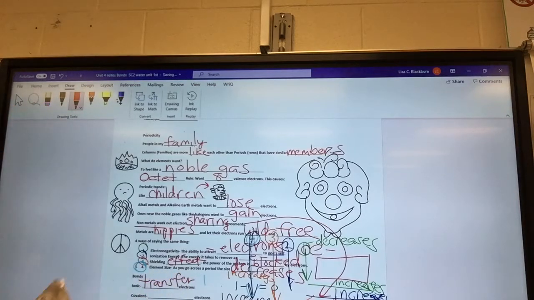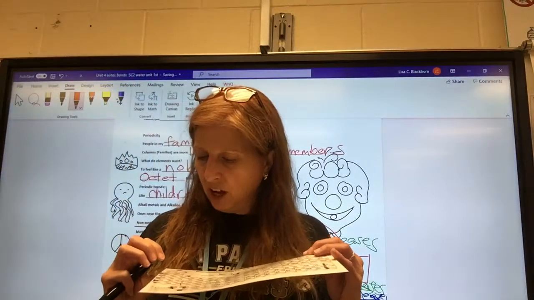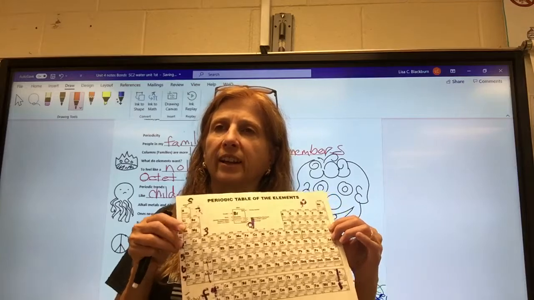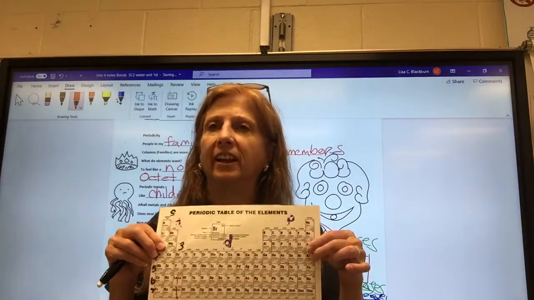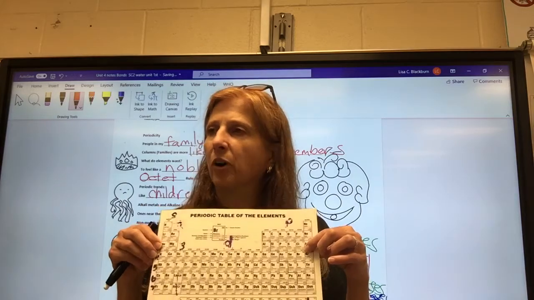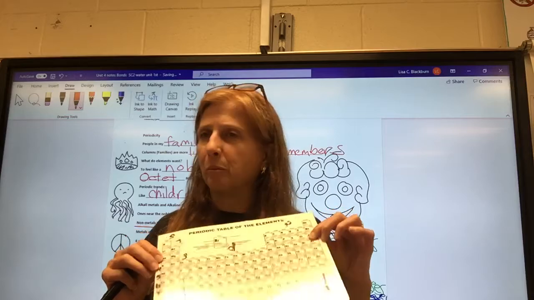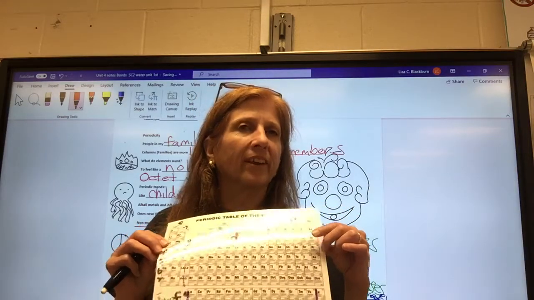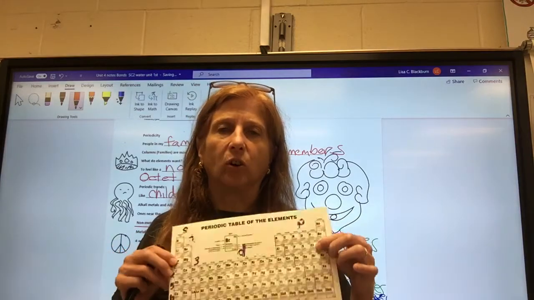So, this is what happens with table salt, sodium chloride. Sodium has 1 electron it needs to get rid of. Chlorine wants to steal an electron, right? So they work out a deal. This is an adoption. So sodium says, I got 1 I don't want. Chlorine says, I'll take it. So sodium gives its electron to chlorine.